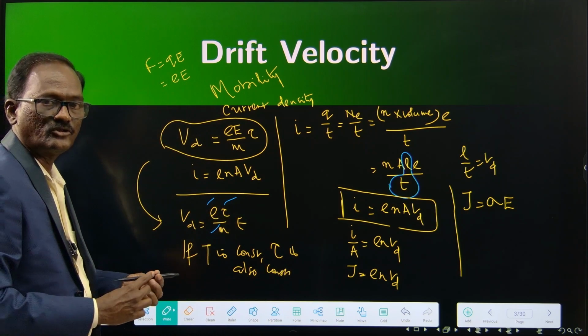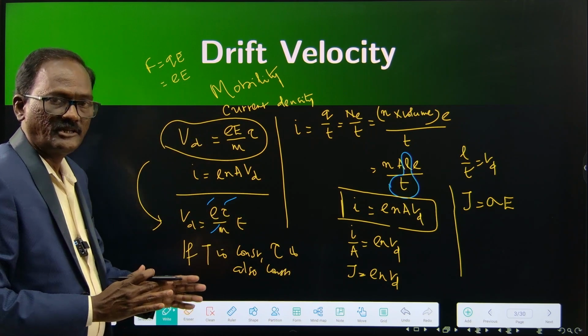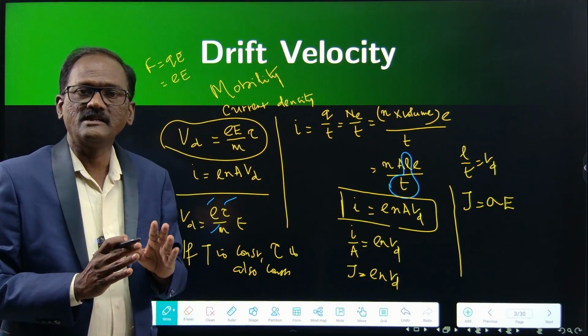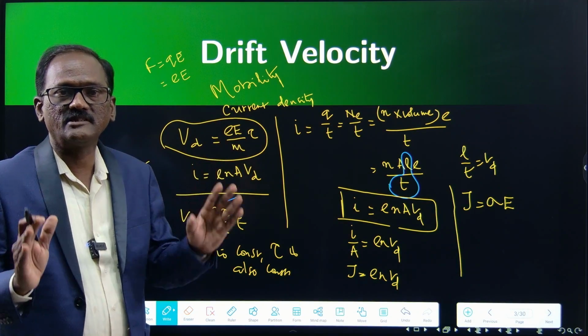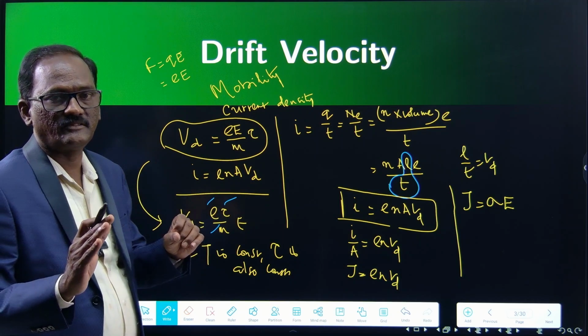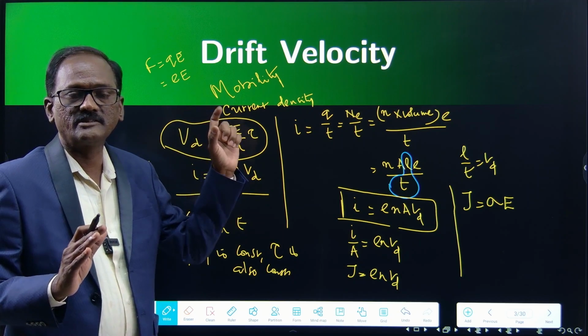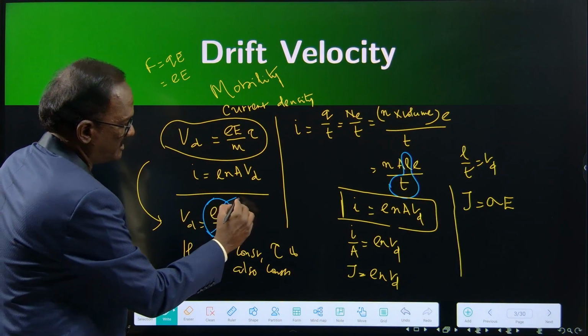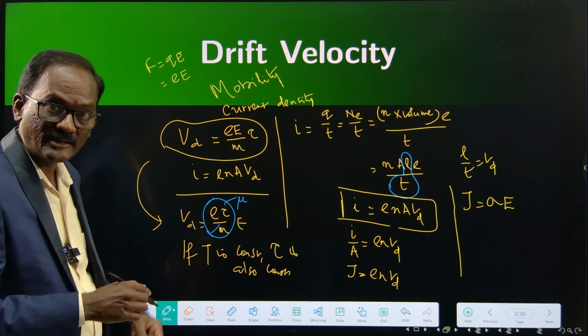So tau can be made constant if you keep the temperature constant. Please remember, under the topic drift velocity, we always assume temperature is constant. We want to change the temperature value, right? Under the topic drift velocity, you can assume the temperature is constant. So this will be a constant. This constant is written as mu, another constant.